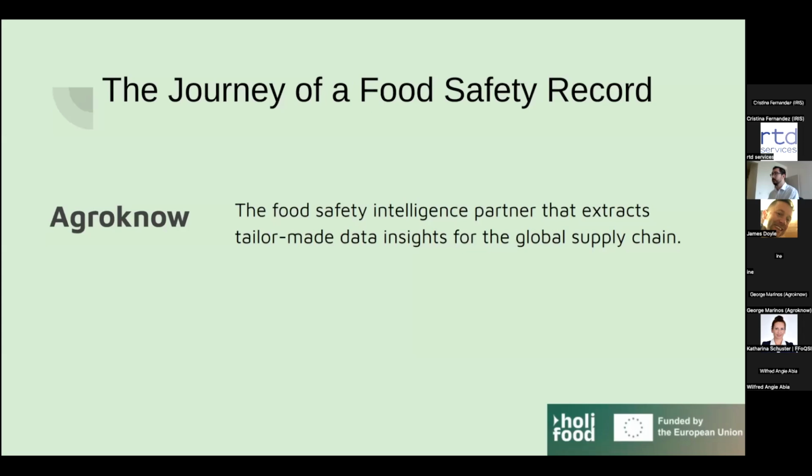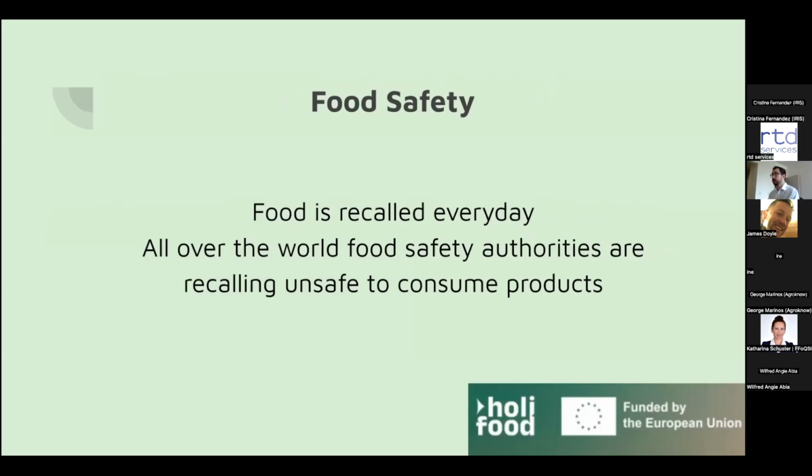First of all, AgroKnow is the food safety intelligence partner that extracts tailor-made data insights for the global supply chain. And a few words regarding food safety. As you, of course, know better than me, food is recalled every day all over the world.